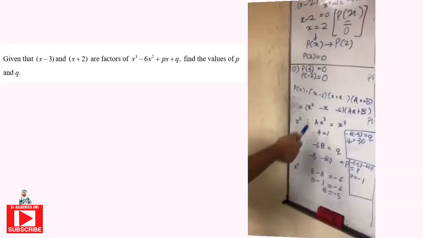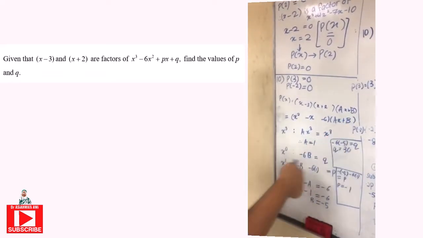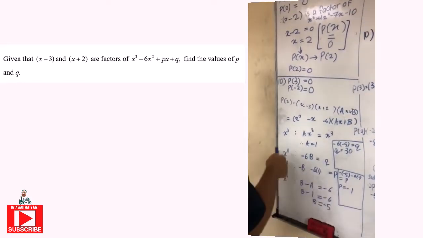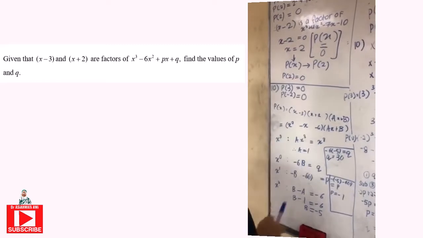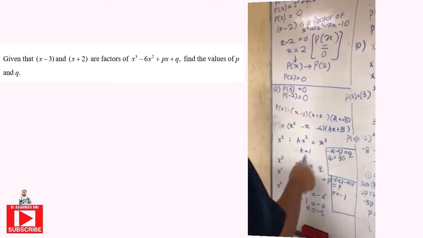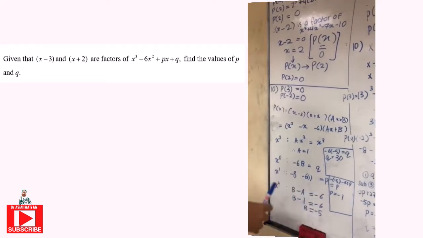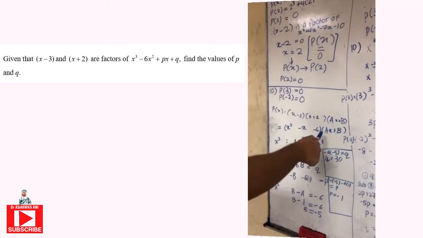So kita compare kan, kat sini pula yang tak ada x bila negative 6 times b. So negative 6b will be equal to q. Kita put aside dulu. Then kita go on to x power 1. X power 1 kita dapat daripada negative b minus negative 6. So dari mana kita dapat? Negative 6 times a.